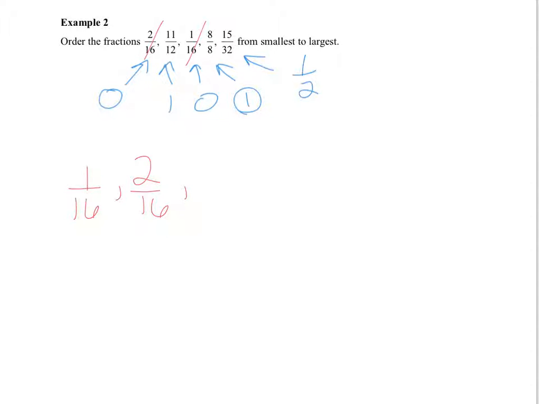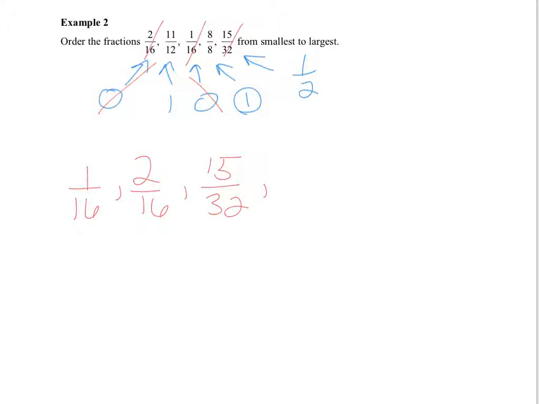And then we're looking for, so we've crossed out that one, crossed out that one. Now we've got 1, exactly 1, and 1/2. Well, half is smaller than exactly 1 and smaller than close to 1. So 15 over 32 was close to half.